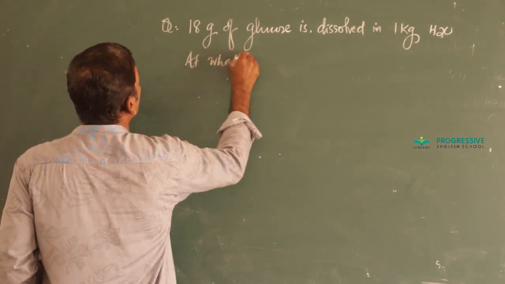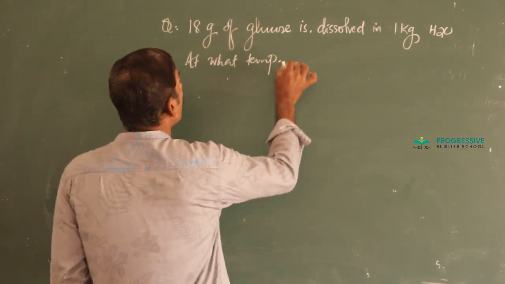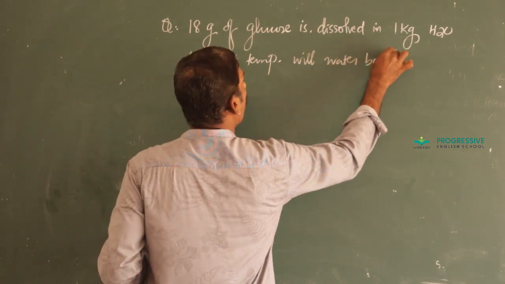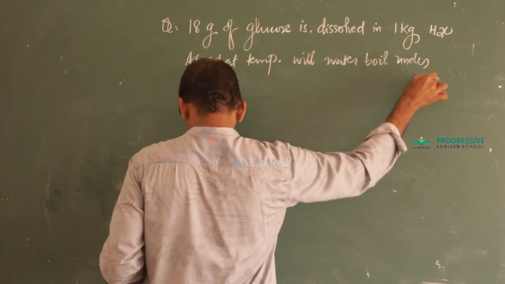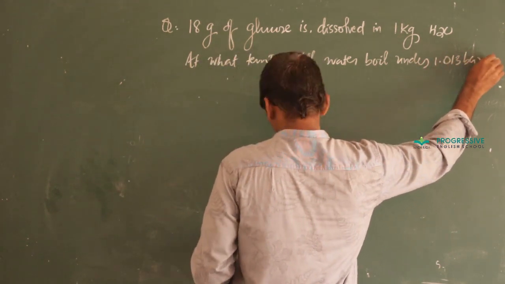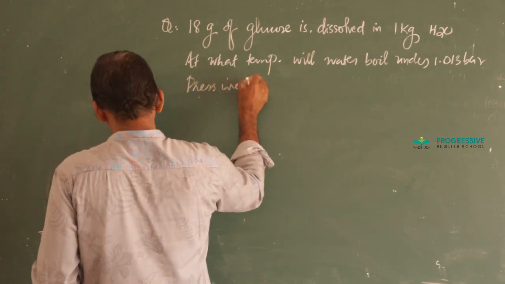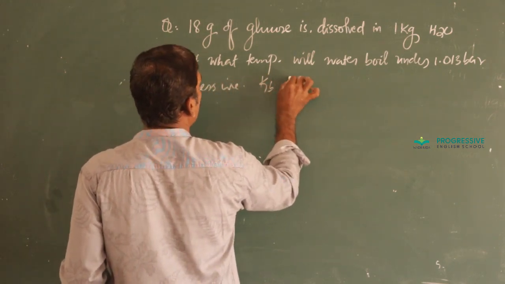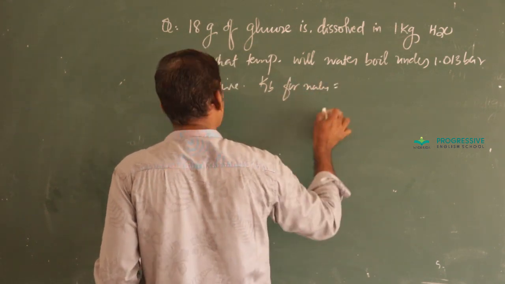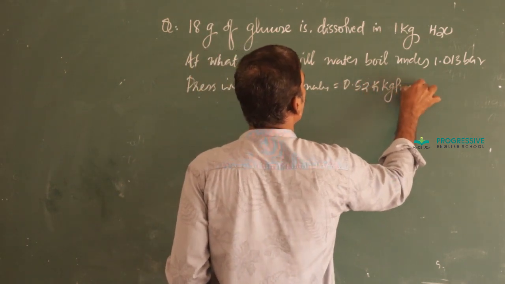At what temperature will water boil under 1.013 bar pressure? Here Kb is given, Kb for water equal to 0.52 Kelvin kilogram per mole.